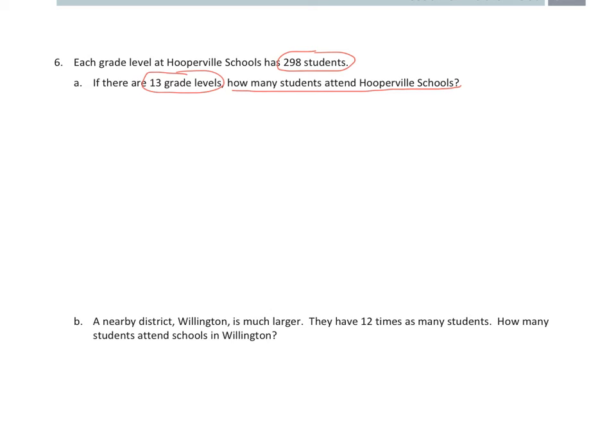So we're going to take our 298 and we're multiplying it by 13. So we have 8 times 3, or 3 times 8, that's 24. And 3 times 9, that's 27, plus 2 more is 29. 3 times 2 is 6, plus that 2 more is 8. And now I'm done multiplying by the ones, and I'm going to go ahead and do my 0 placeholder, and I'm going to start in the tens.